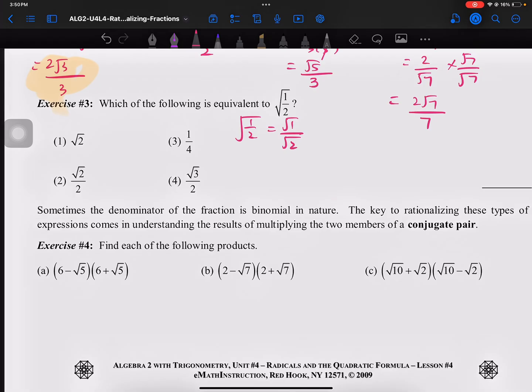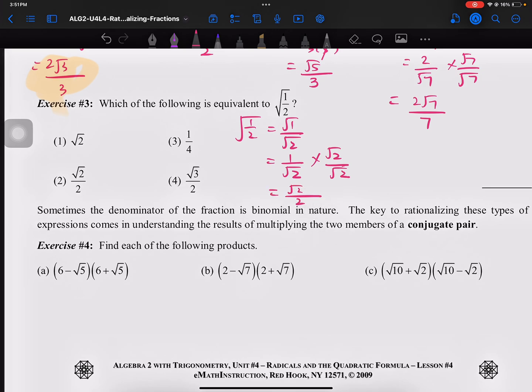So we know that √1 is 1, giving 1 over √2. Now we don't want √2 in the denominator. To remove it, we multiply top and bottom by √2, the same root. So the numerator becomes √2 over 2.